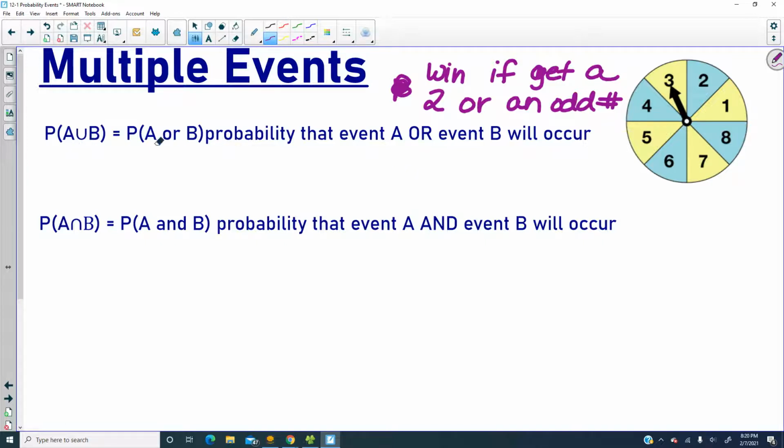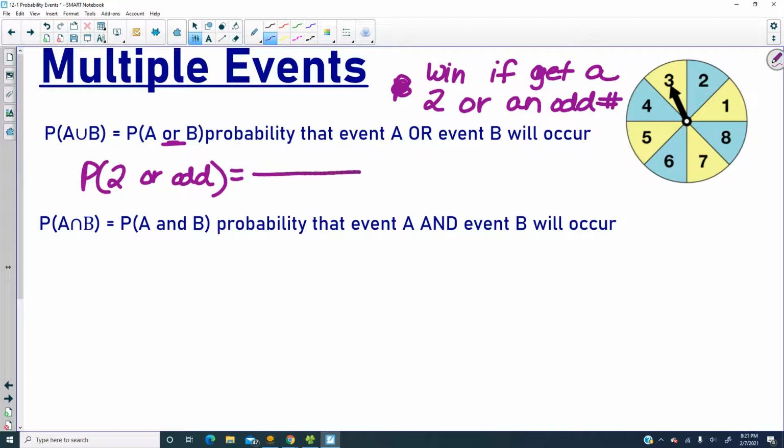Now, the first scenario is if you have or. The notation is probability of A union B, or it can also be written A or B. So I want to find the probability that I get a 2 or an odd number.